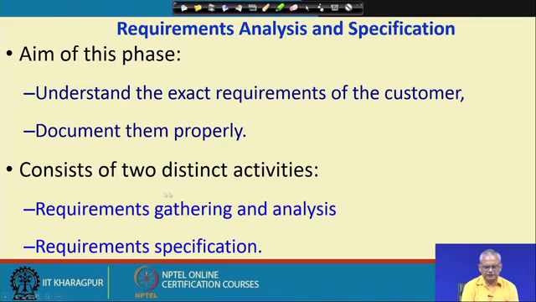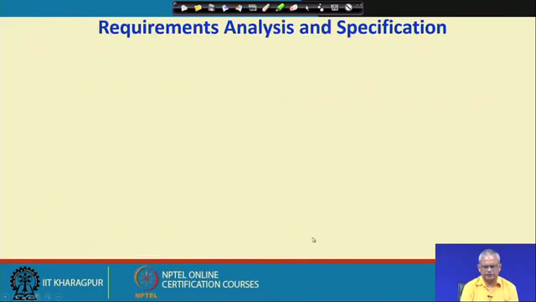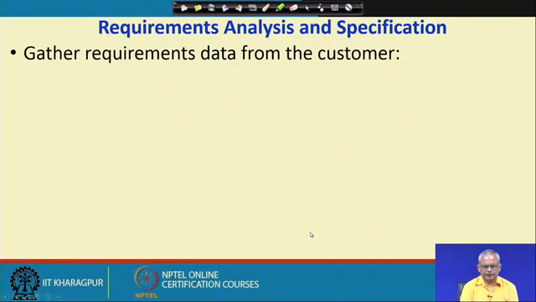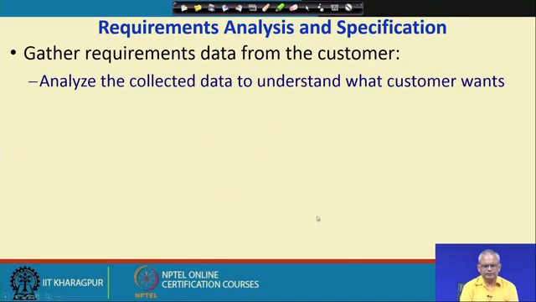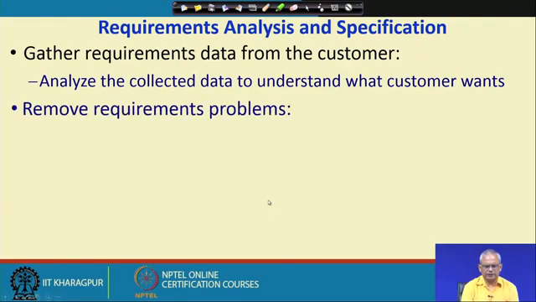Let us look at what is involved in requirements gathering and analysis and what is involved in requirement specification. In requirements gathering, we need to gather the requirements, collect the data, understand what the customer wants, and during the analysis we analyze the collected requirements.